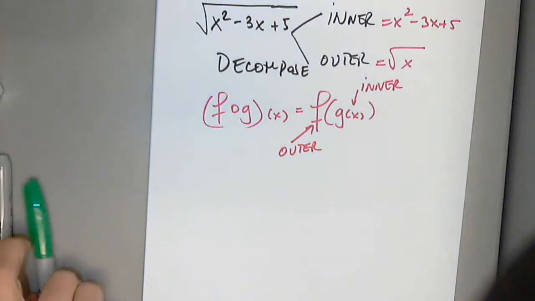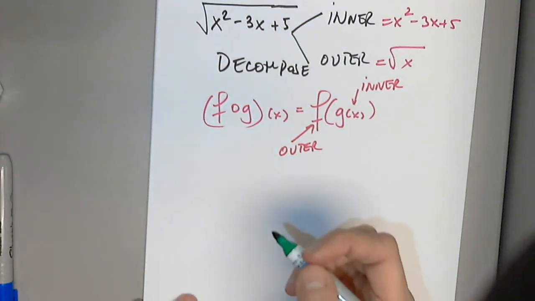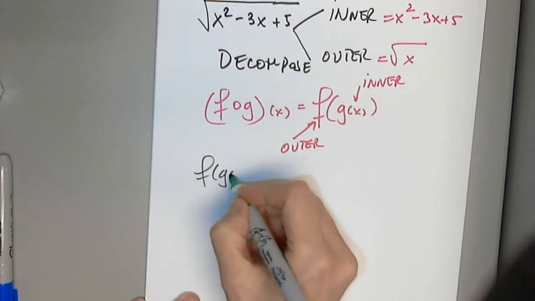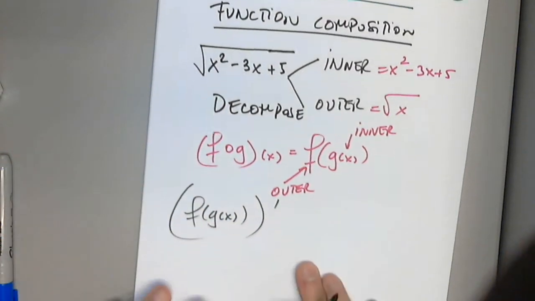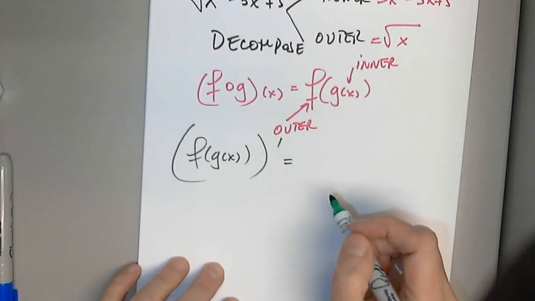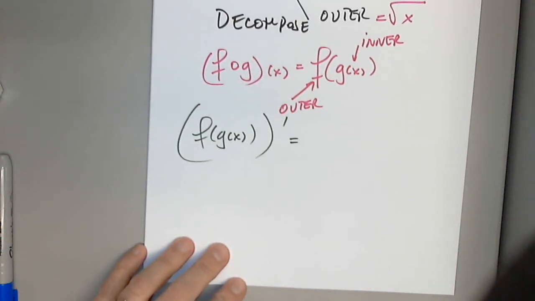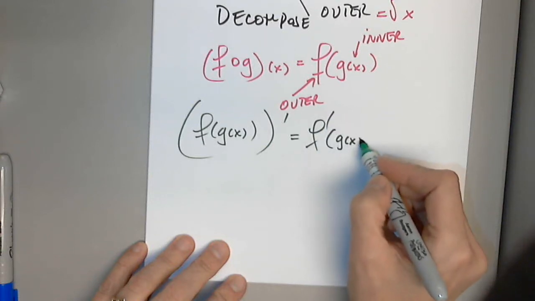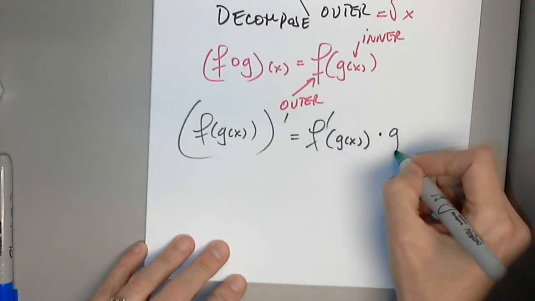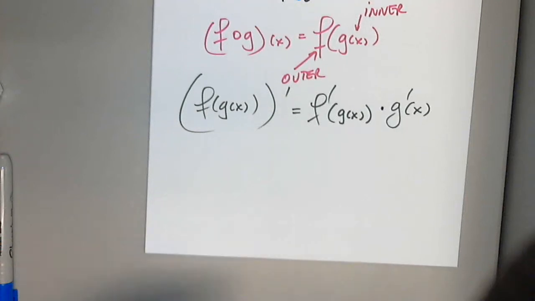When I have to differentiate f of g of x, like this one, we're going to work on this one in a minute, we differentiate the outer function first, f prime of g of x, and we multiply it by the inner function prime.